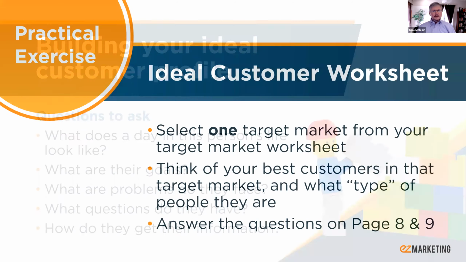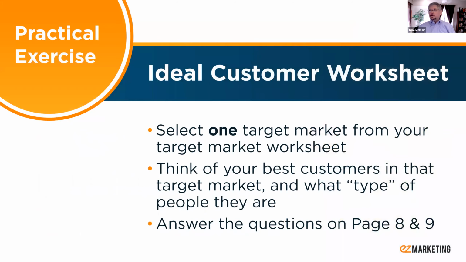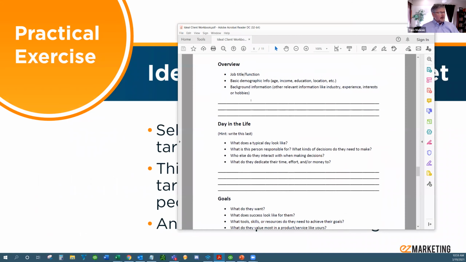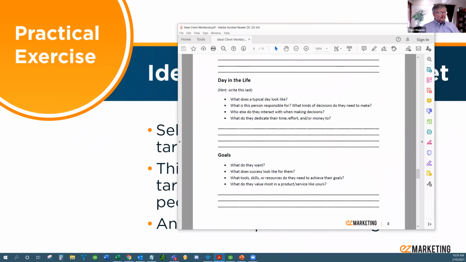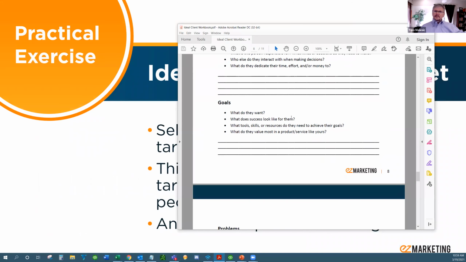And then what we're going to do here is go back to our worksheet, and you're going to fill out the details in here, right? So, what kind of job do they have? What does their day in the life look like? What are their goals? I'm just giving you little prompts so that you can do this on your own and really ask those questions of yourself and get a good feel for who they are.